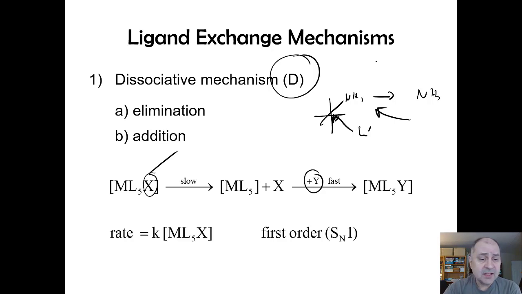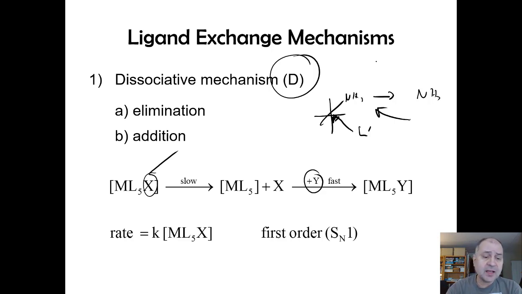and then your ligand leaves, the X leaves. Usually this type of mechanism, the dissociative mechanism, is more common for large coordination numbers, right? If you have coordination number 5, 6, or 7, it's less likely for the incoming ligand to attach first. It's more likely for an attached ligand of the complex to dissociate first, so those are the labile complexes that would be more likely for this mechanism.